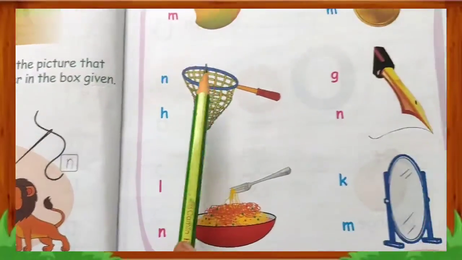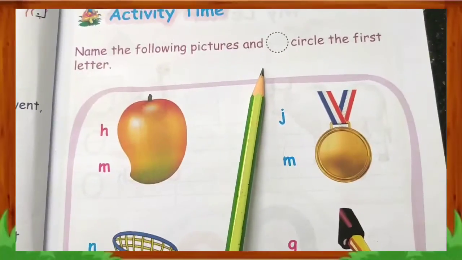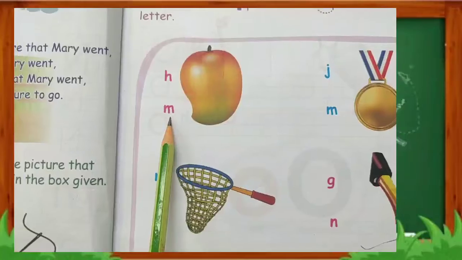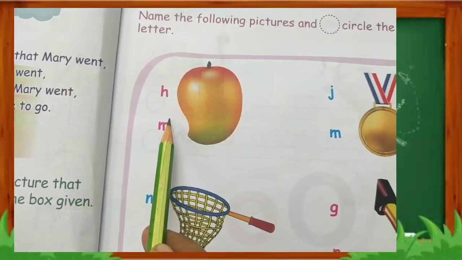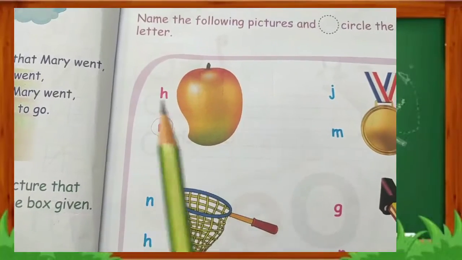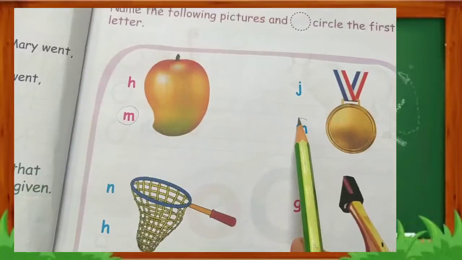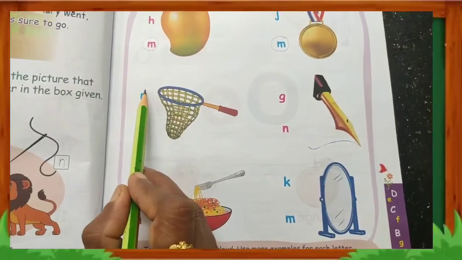Next, name the following pictures and circle the first letter. M for mango. Circle this letter M. M for middle. Circle M. For net.